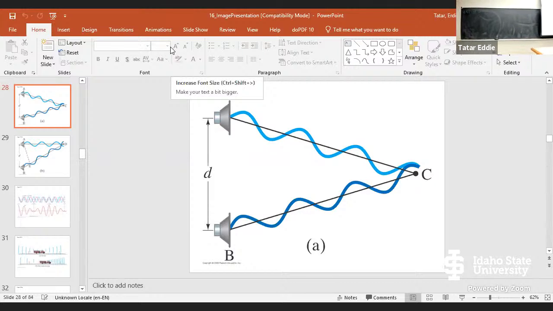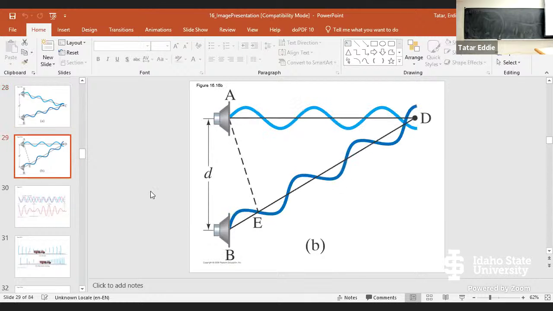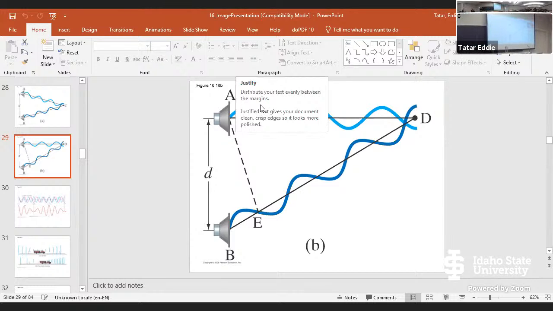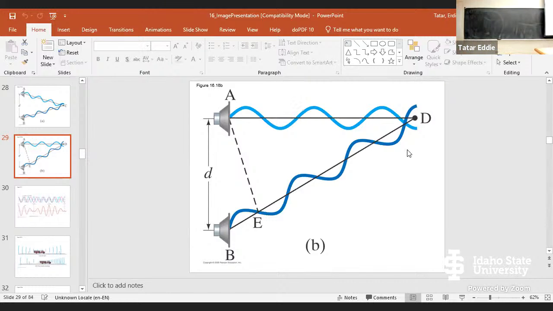Okay, so here is the diagram that represents, well, in this diagram, instead of constructive, you see a destructive interference at point C. And the condition for destructive interference is similar. So you want the path difference between those two distances to be equal to a semi-integer number of wavelengths.